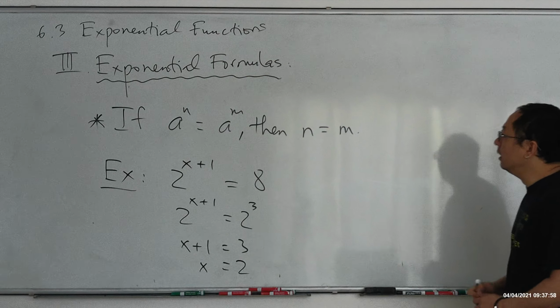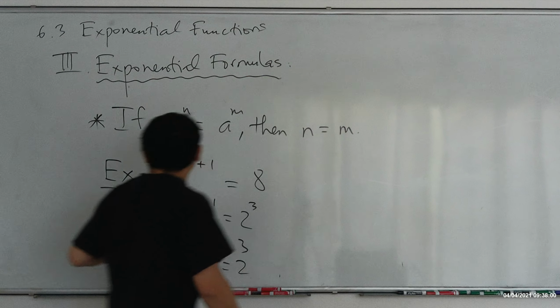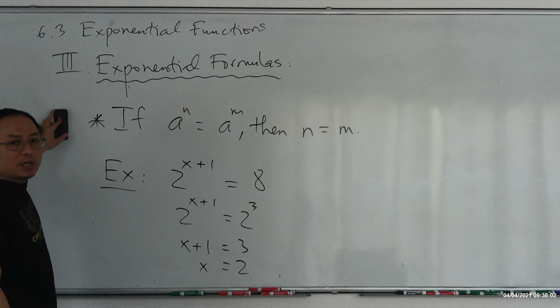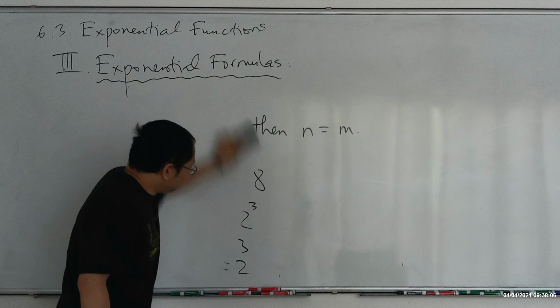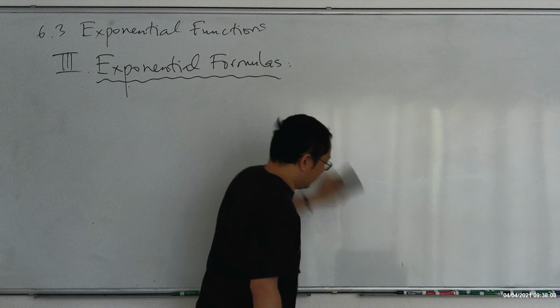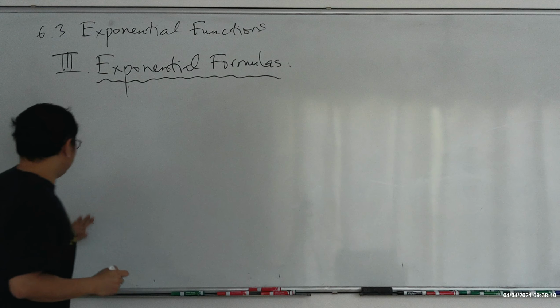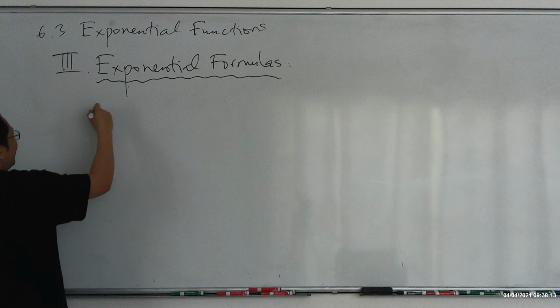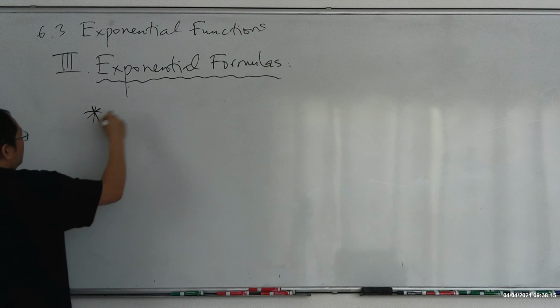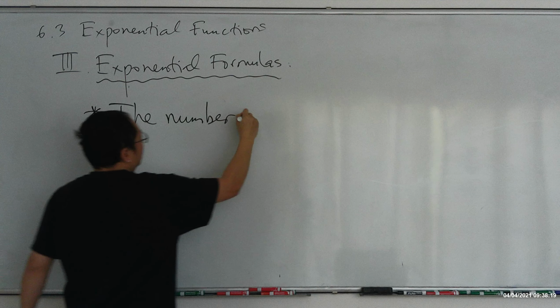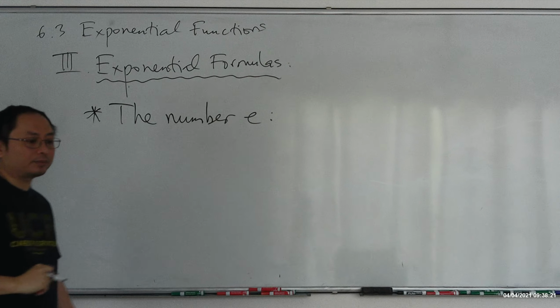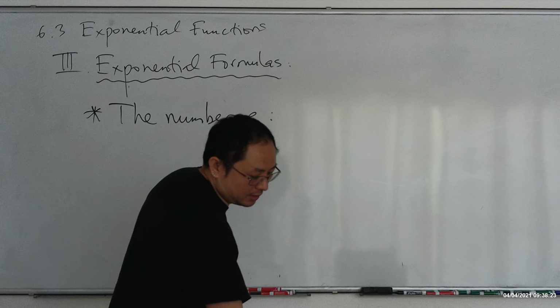Okay. Next, another asterisk. Let me talk about a very special number that is very powerful. It's seen a lot in nature. It's called the E number, or the number E. For now, we're going to define E this way.